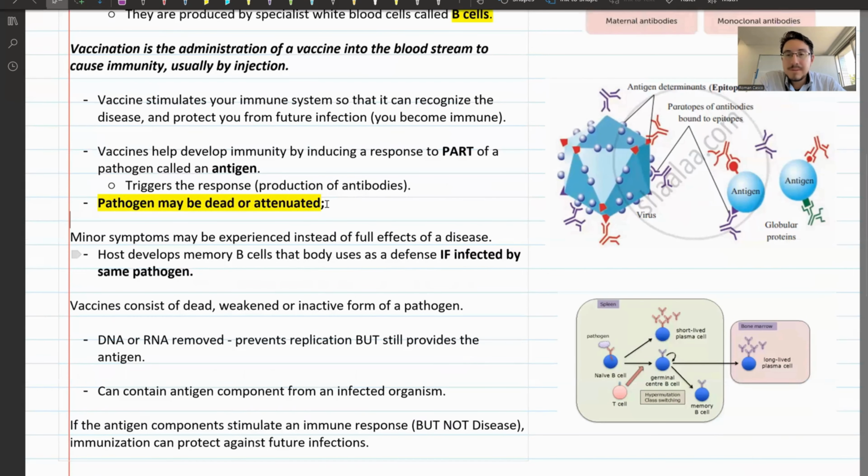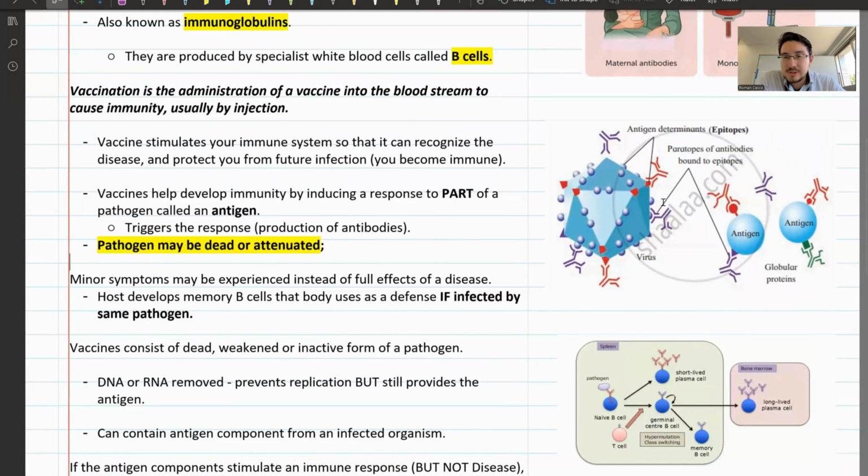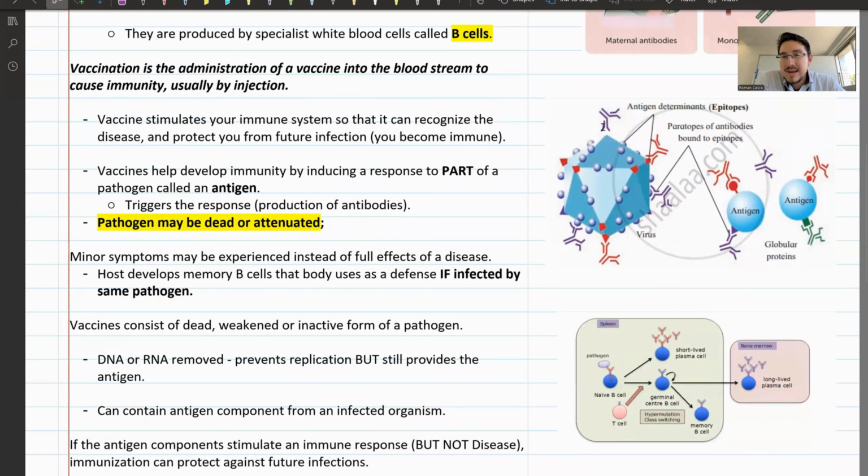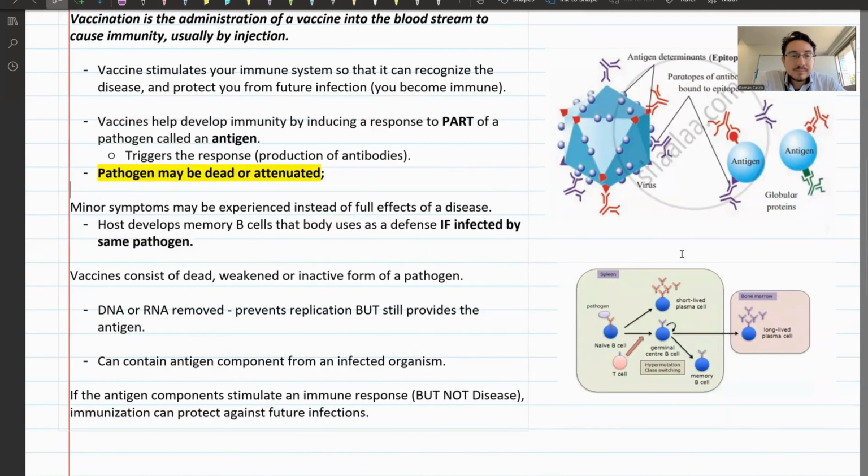All right. Now, these little pictures you see here, you do not need to know. Okay. I just wanted to show you what an antibody kind of looks like, right? They basically would bind to some receptor specific to a part of a pathogen.